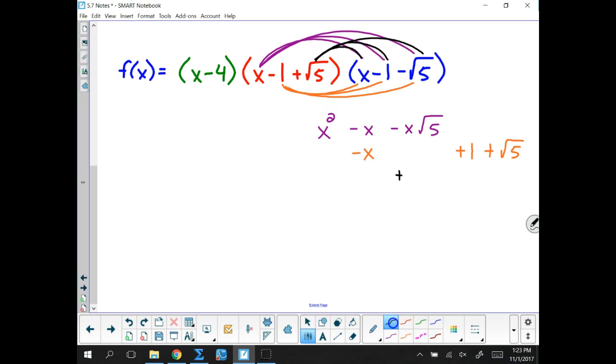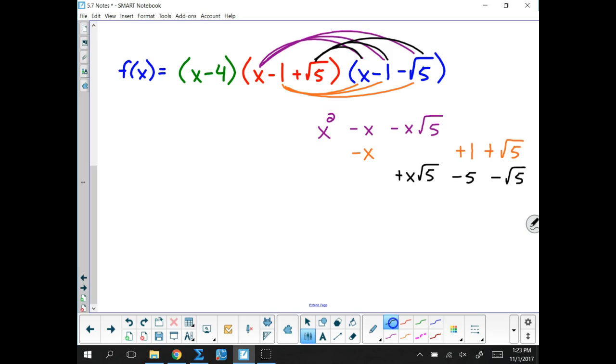So that's going to be plus x square roots of 5 minus the square root of 5 minus 5. Because positive square root of 5 times negative square root of 5 is negative square root of 25, which is -5.